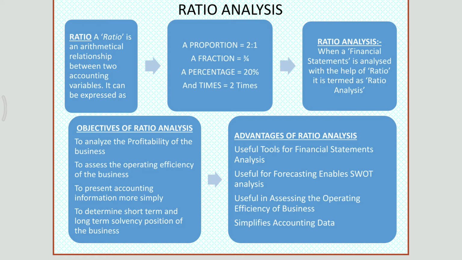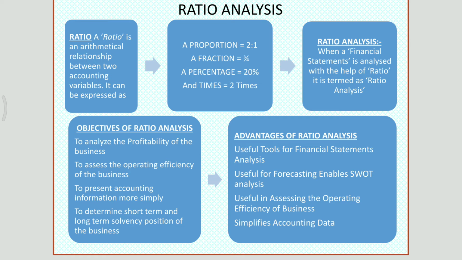Today's topic, we are going to start ratio analysis. Before going to ratio analysis, we should know the meaning of ratio first. I think you had studied ratio earlier. Ratio is the relationship between two integers.